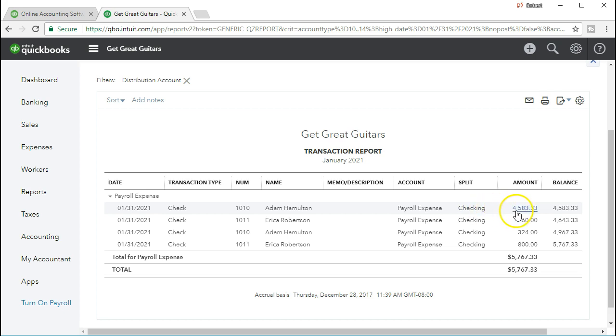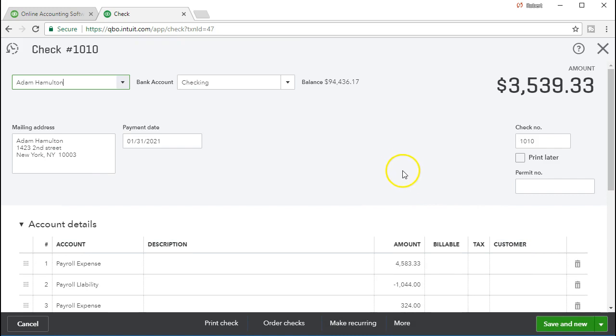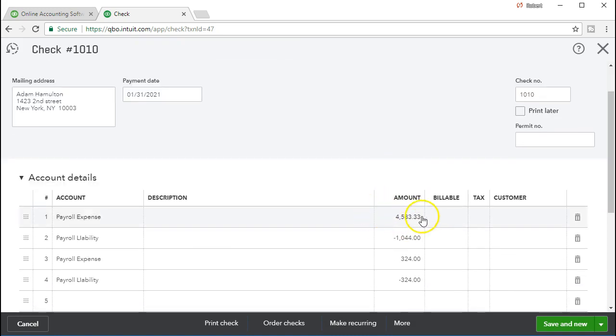Note that this number here is the full amount earned, not net of the taxes. And this number here is going to be our payroll taxes. So if we select this item, 4583, that's the full amount that was earned. And this amount that's going into the payroll expense is really our payroll taxes that we put in.